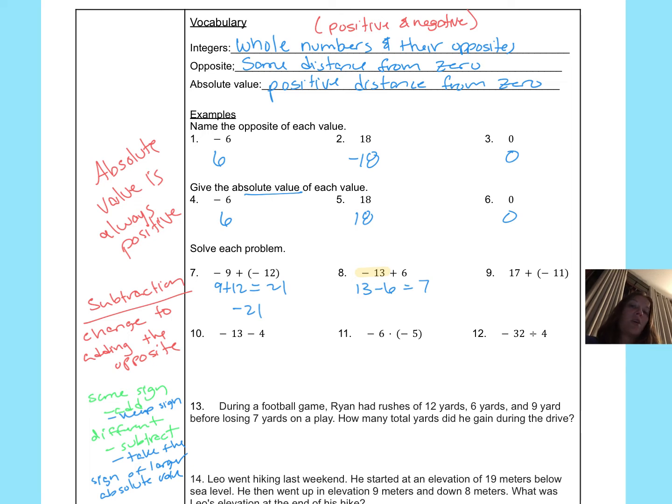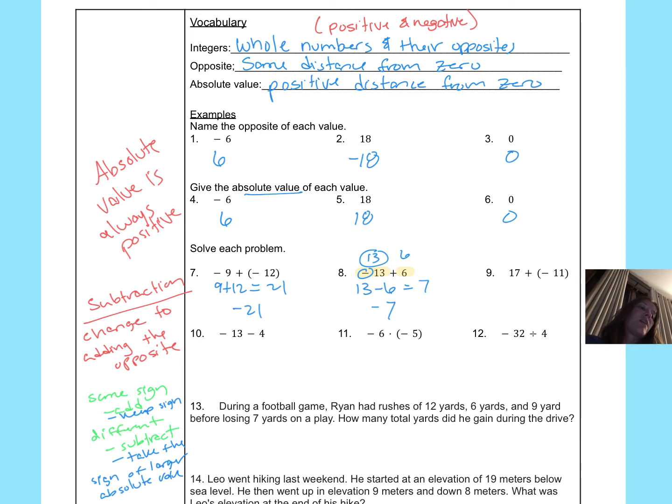The absolute value of negative 13 is 13, and the absolute value of 6 is 6. So the 13 has a bigger absolute value, and the 13 was negative. That tells me my answer is going to be negative, so negative 7. Think of it as which one is there more of? There's 13 negatives, but only 6 positives. There's more negatives, so my answer is going to be negative.